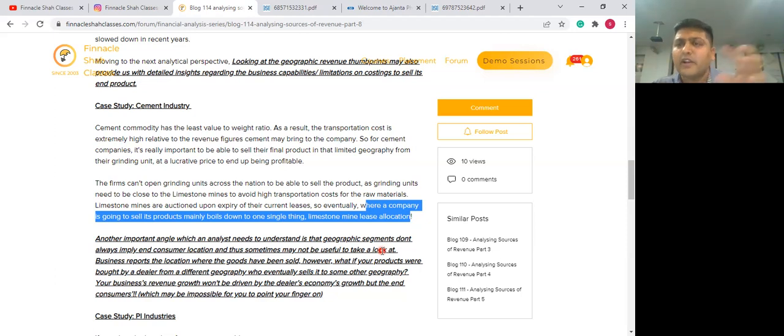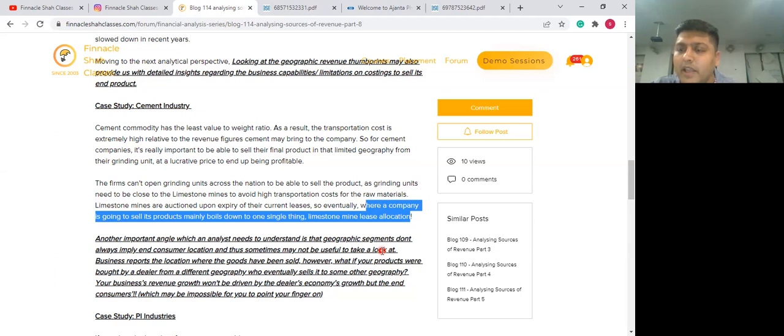Precisely, the geographical location is the place where the company is selling its product. But does that always mean it's the same place where your product gets consumed? No. Why? It's quite possible that people are themselves dealers. They are buying those products from you and eventually reselling them somewhere else.